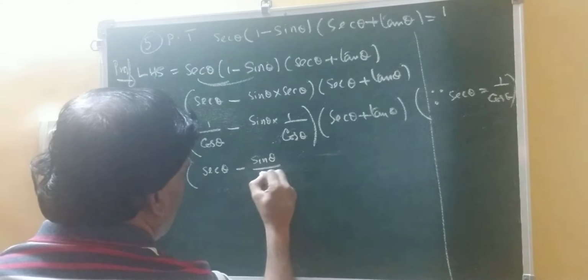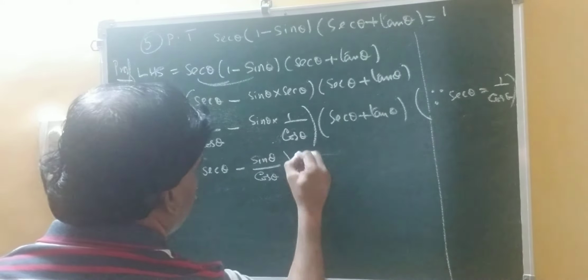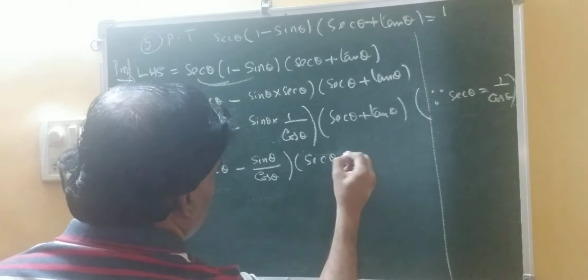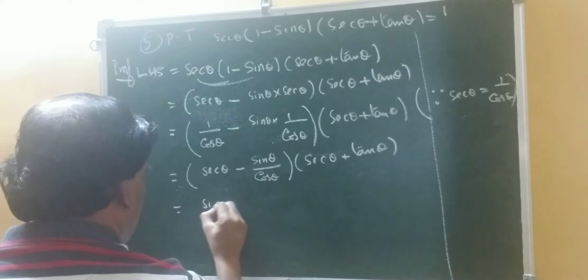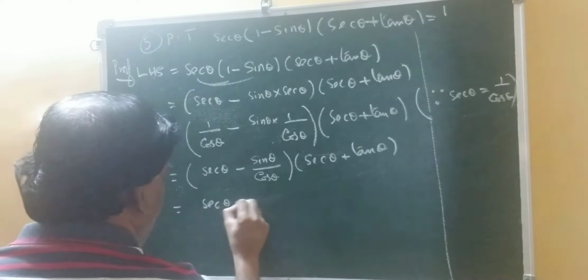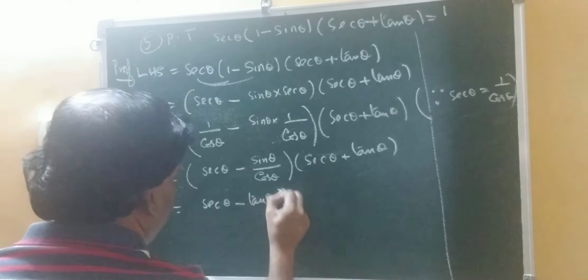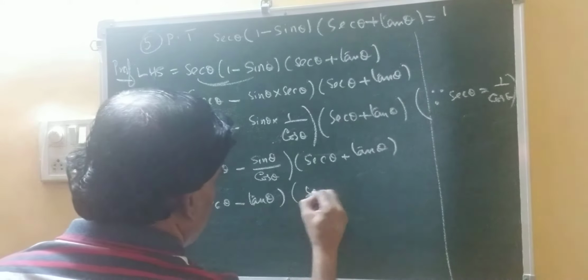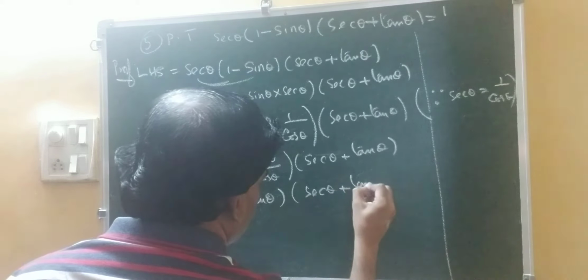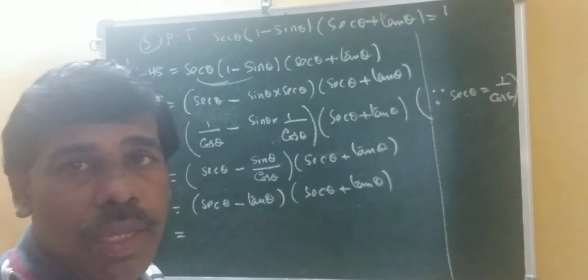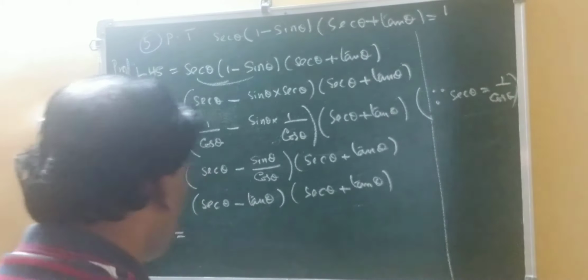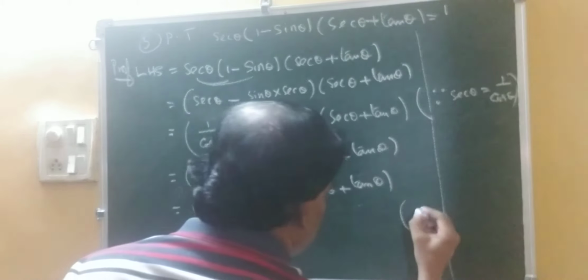If you want, you can write one more step. See, sec theta minus tan theta into sec theta plus tan theta. Now look at this, a minus b into a plus b. What is the formula? A square minus b square.